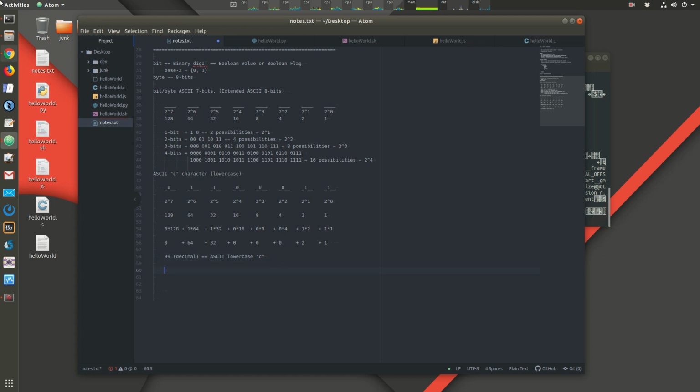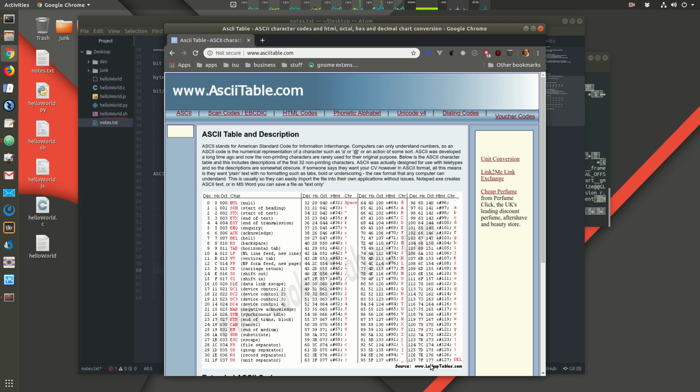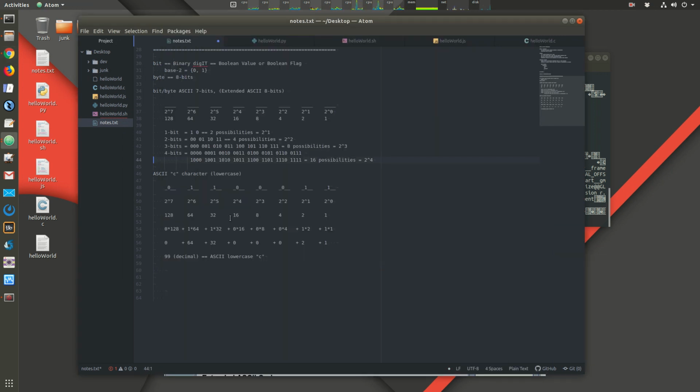Now our ASCII chart goes from 0 to 127, which is 128 different possibilities. So we see 2 to the 7th is 128, but this is the 128th place. If we put a 1 here, if we just had the binary number 1 0 0 0 0 0 0 0, that's 8 bits.